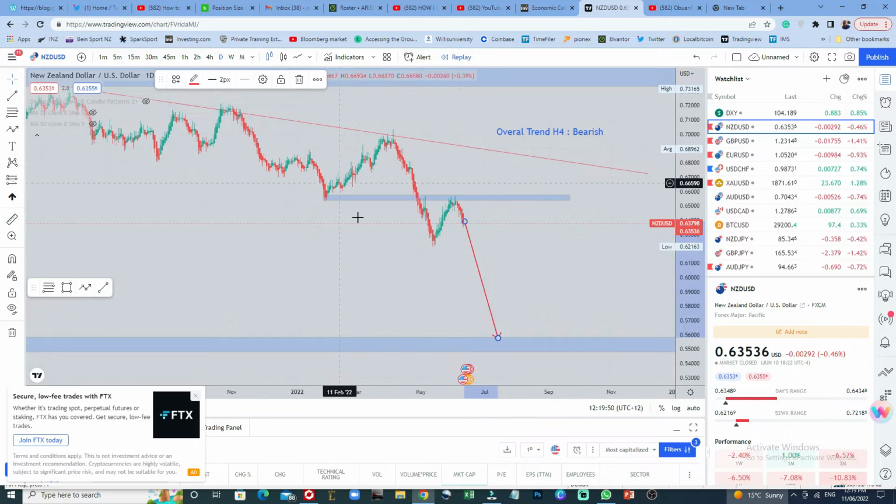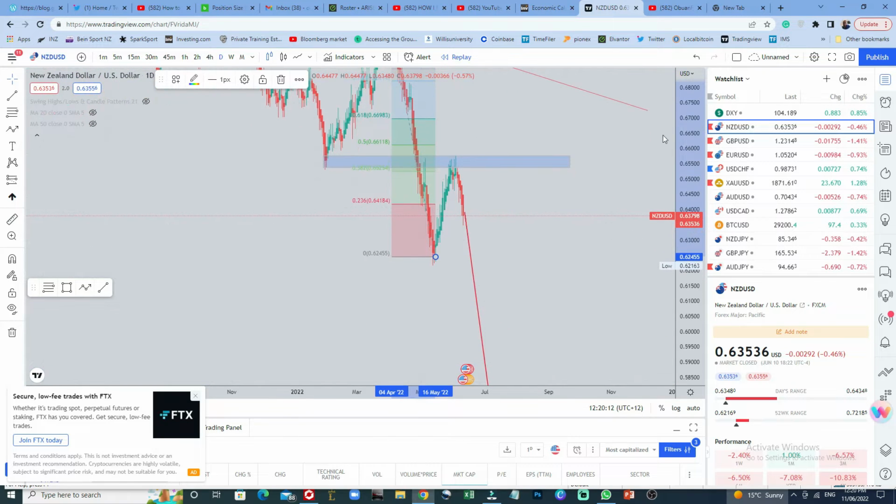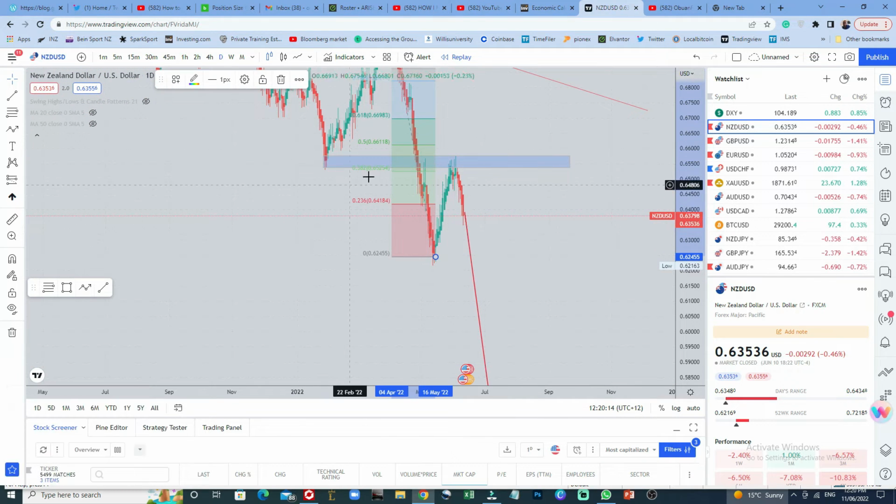So I'm still going to be watching it. What I've been able to do now is use a Fibonacci retracement tool. I'll draw from here to this point. Then I can see that the market has pulled back. This is what I did yesterday, and I made some profit, but I jumped out.